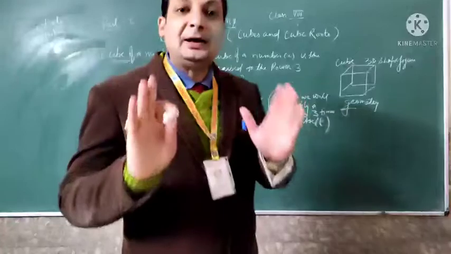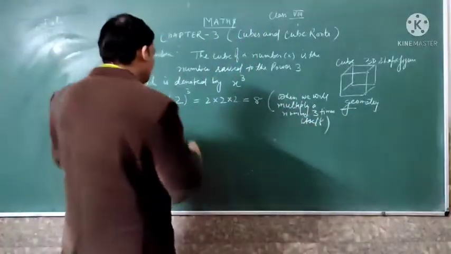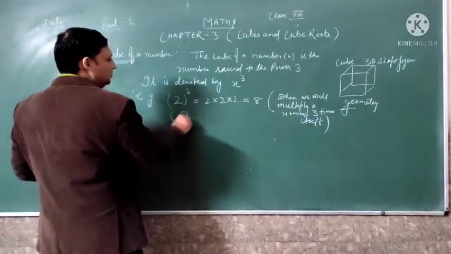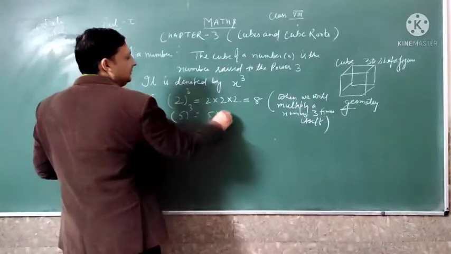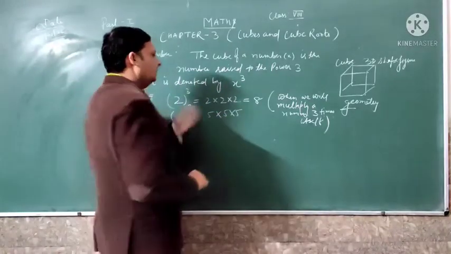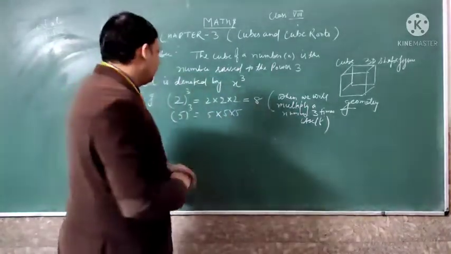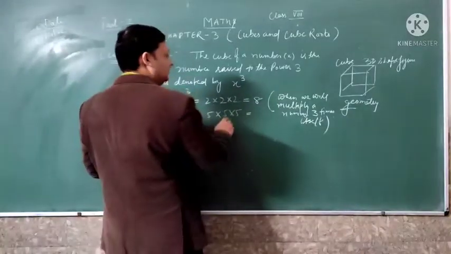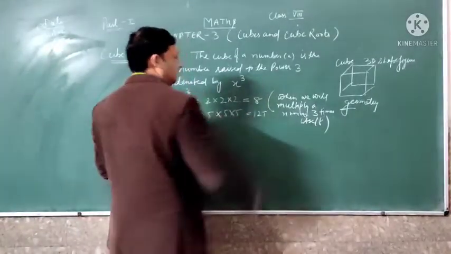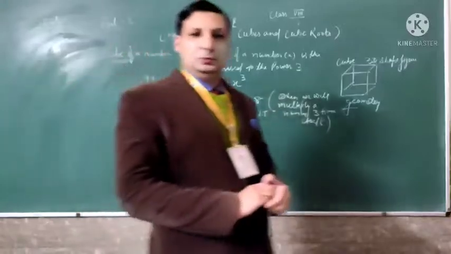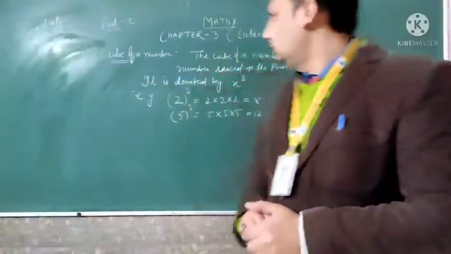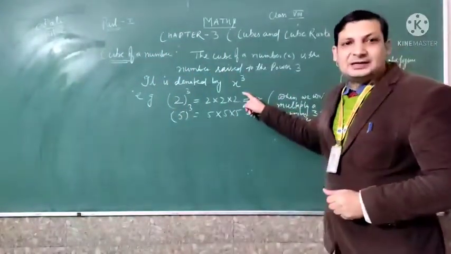It means multiply a number 3 times. We will take another example, cube of 5. This 5 multiplied by itself 3 times is called cube. 5 fives are 25, 25 fives are 125. So this is called cube. I hope you have understood the cube. It is denoted by x to the power 3.